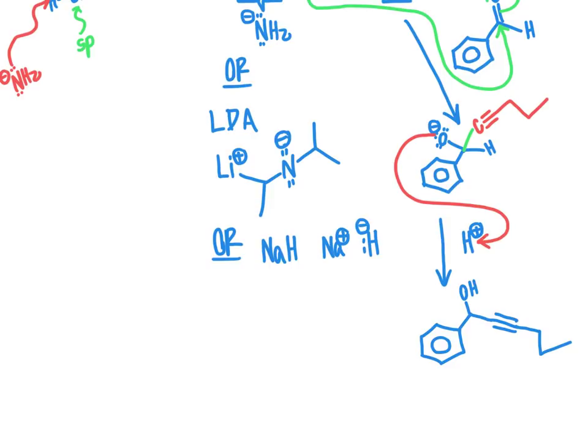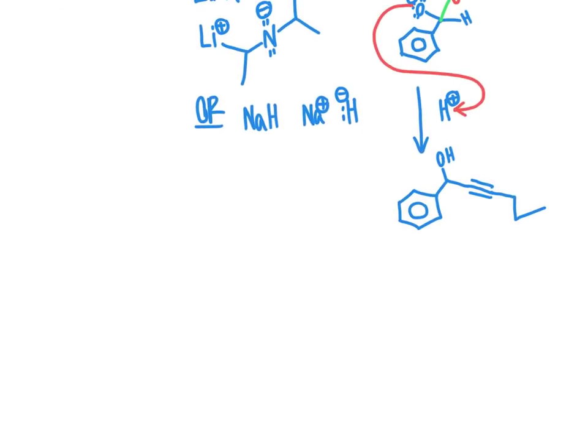These are not the only bases that are available to act in adding across a carbon-oxygen bond. Another option that we have on the table is to use a cyanide anion.